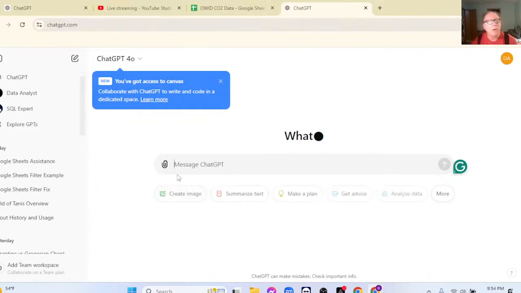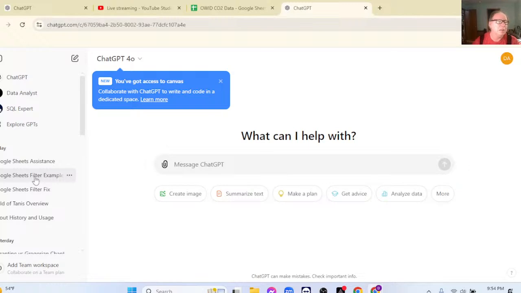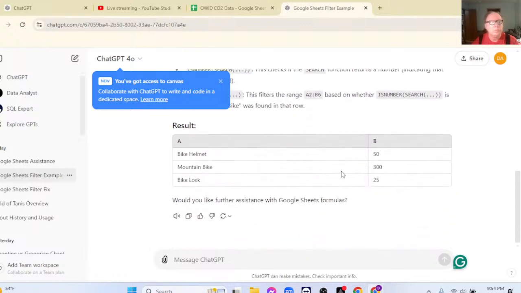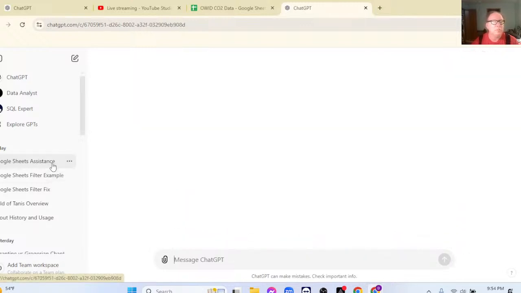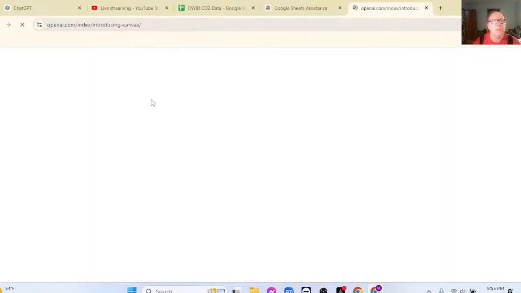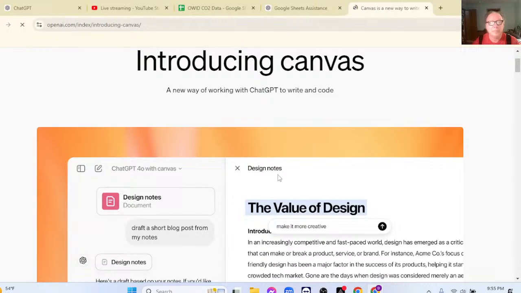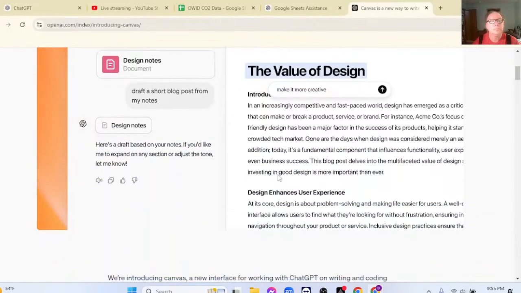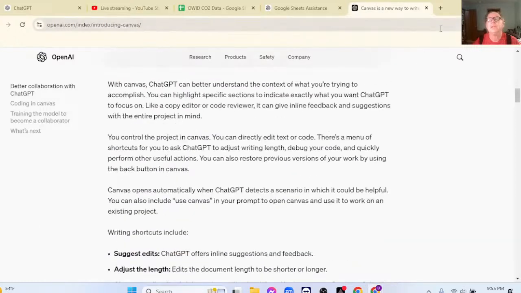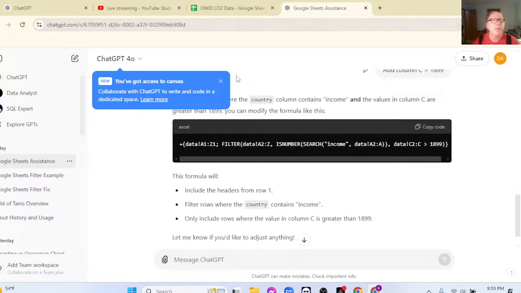So we're going to extract all of the data. You can get access to Canvas. Collaborate with ChatGPT to write code in a dedicated space. What's this? Interesting. Okay. Is that something extra?